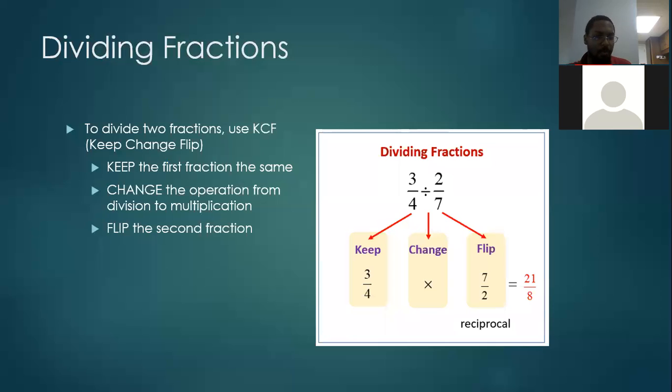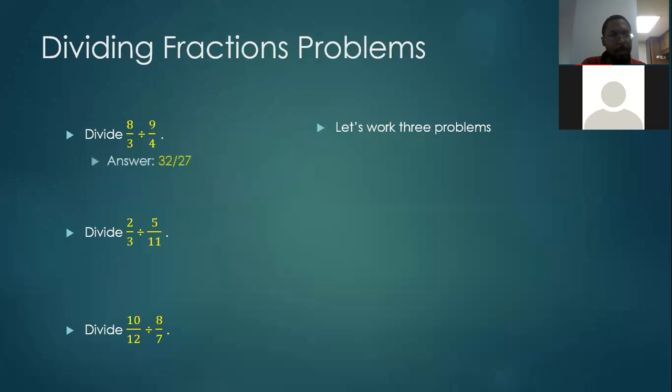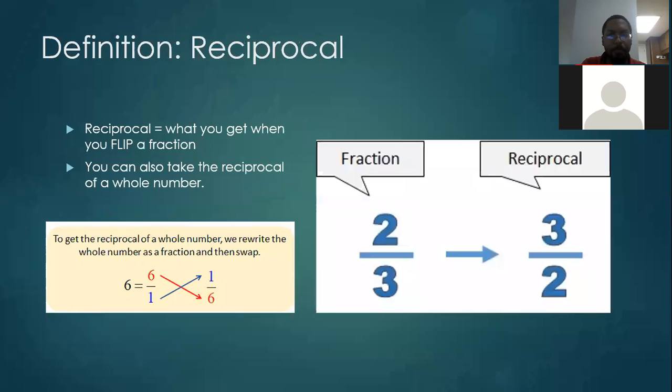So 3 over 4 divided by 2 over 7. We keep the first one, 3/4. We change the sign in the middle to a multiplication, and we flip the second one. 2/7 becomes 7/2. And then we just go straight across. And then we say reciprocal.